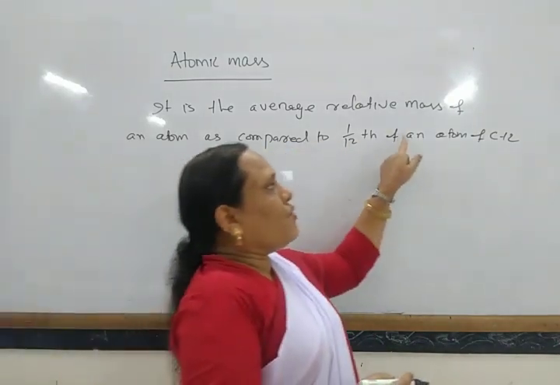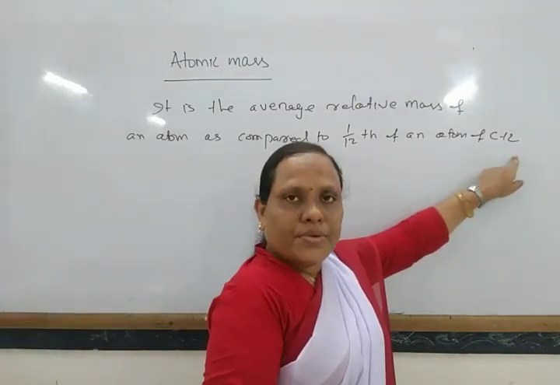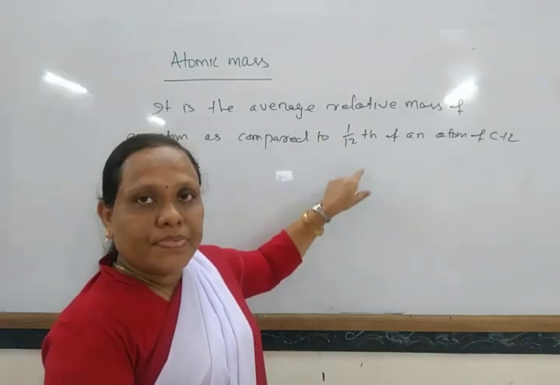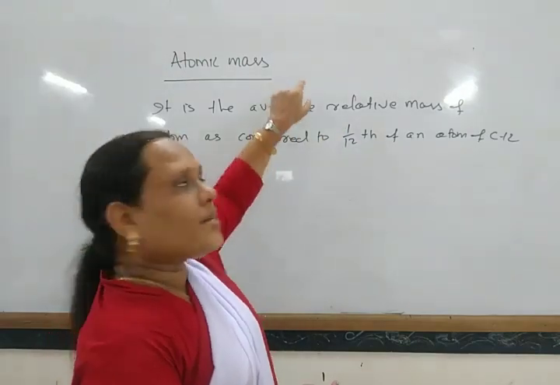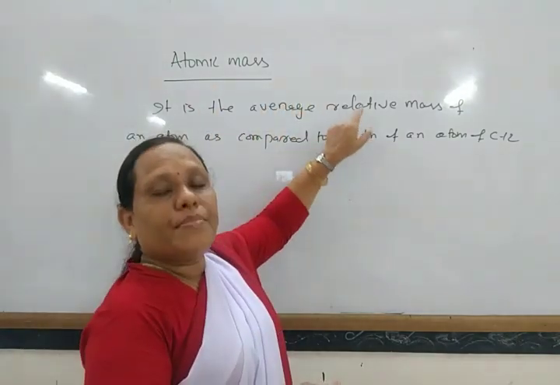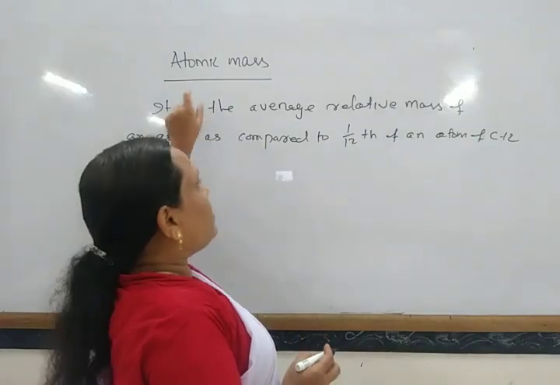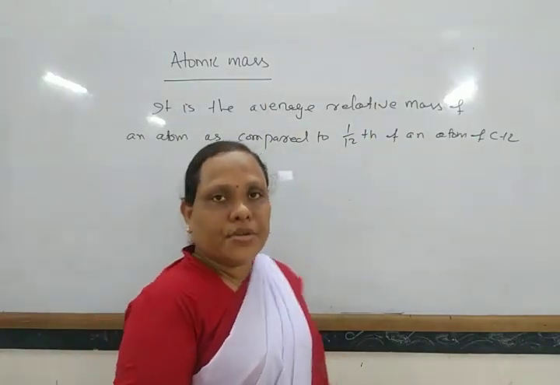By taking the weight of an atom of carbon 12 and its 1/12 part, we see how many times one atom is heavier than that. By comparing with it, the atomic mass of an element is determined.